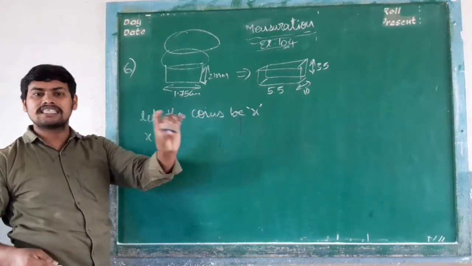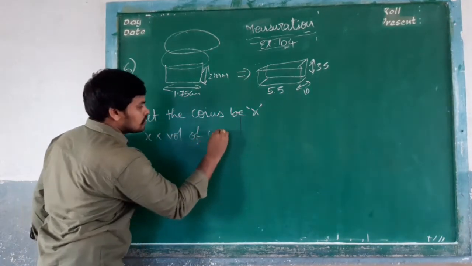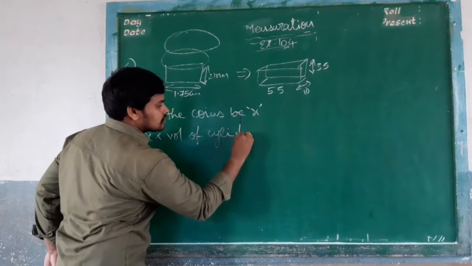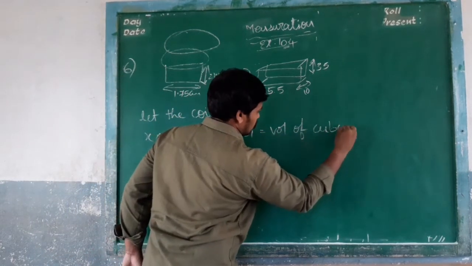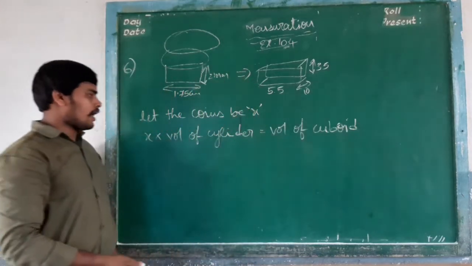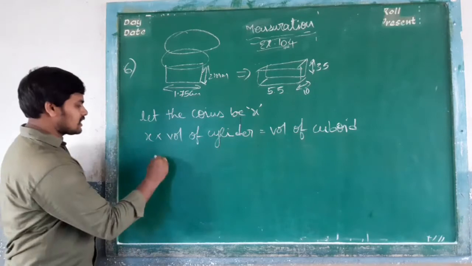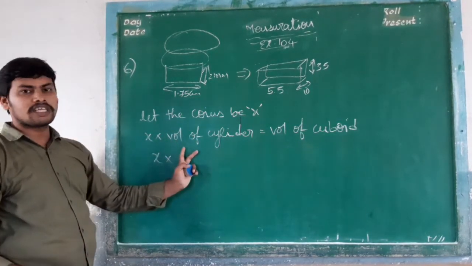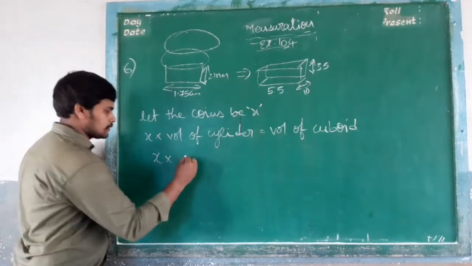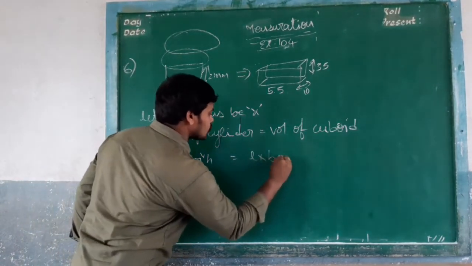The shape of the coin is a cylinder. X into volume of cylinder equals volume of cuboid. What is the volume of the cylinder? The volume of a cylinder formula is pi r square h. Volume of cuboid is L into B into h.